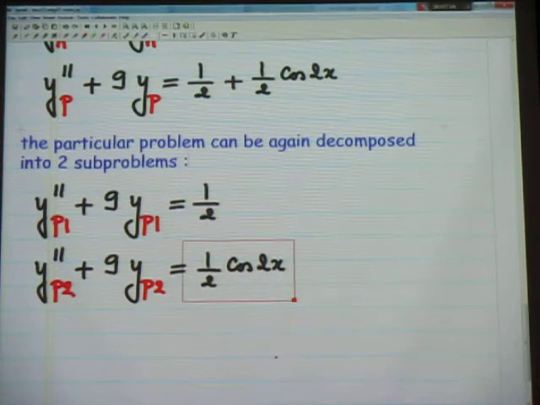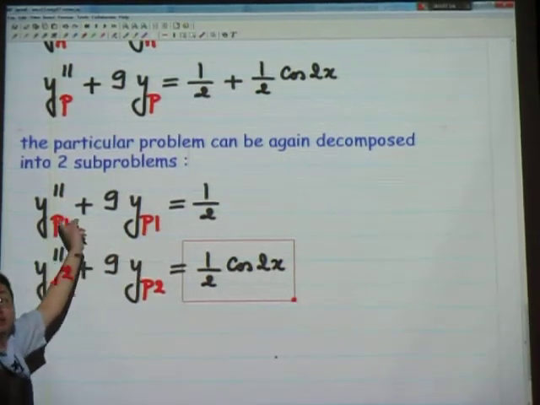So when you add them together, you get back the original problem.